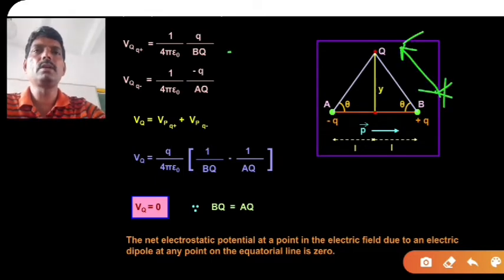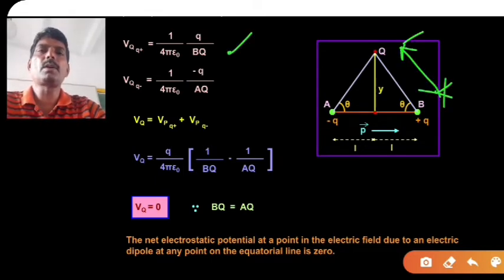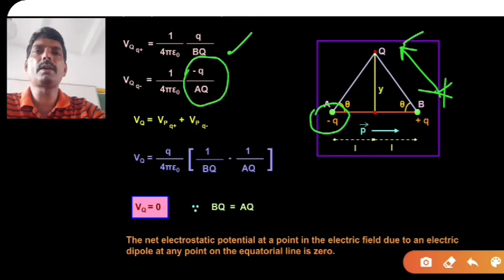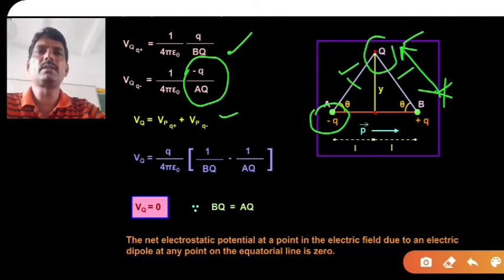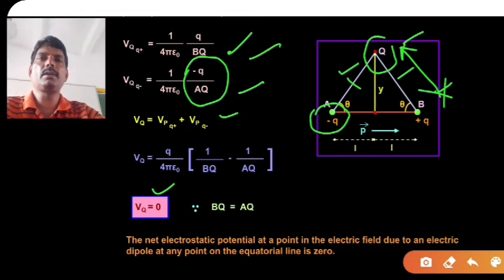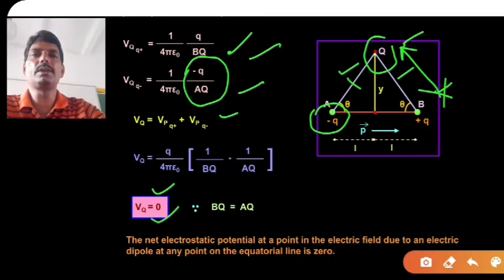Similarly, due to the negative charge, you will get 1 upon 4 pi epsilon naught minus q upon aq. This is the distance. These two distances are equal. Now, what is the electric potential at this point? The sum of the two potentials. So after adding these two and putting in the values, you will get the potential at point Q. That means if you choose any point on the equatorial line, then at that particular point the potential is equal to 0.